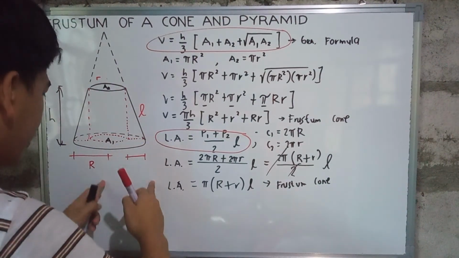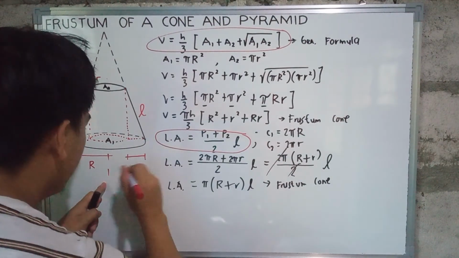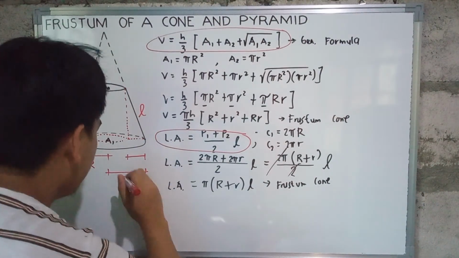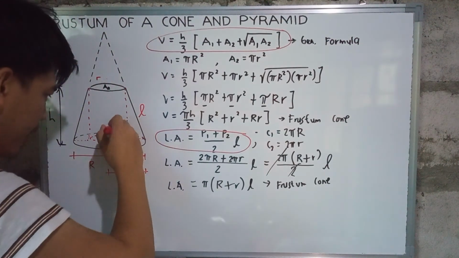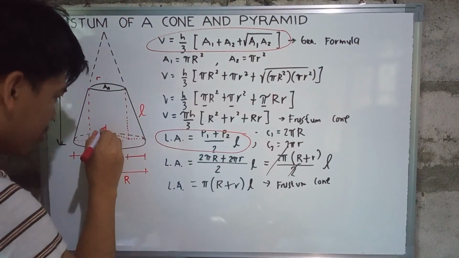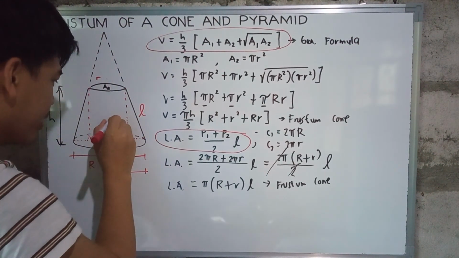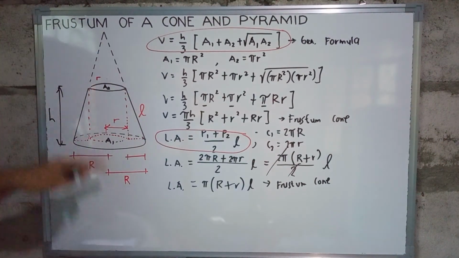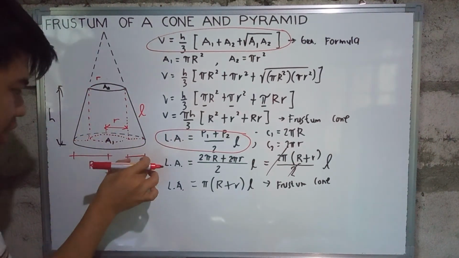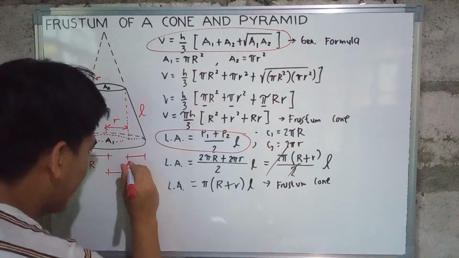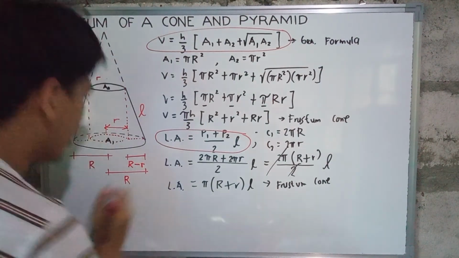So kasi yung kabuuan nito is yung malaking R. Tapos, ito naman, from the center, papunta doon, that will be small r pala. Ito big R, small r. So, para makuha natin to, mangyayari is capital R minus r.